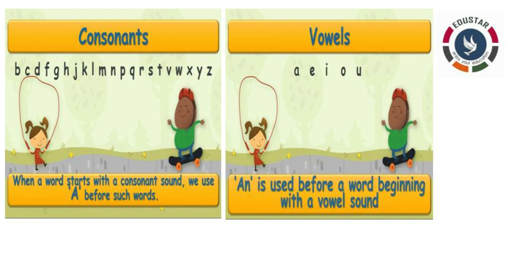For example, an engine, an orange, an inkpot. Other than A, E, I, O, U, the rest of the alphabet is known as consonants. So, for a word which starts with a consonant sound, you are going to use a, right? Can you remember that? For example, a ball, a line, a tree, a boy, a table.